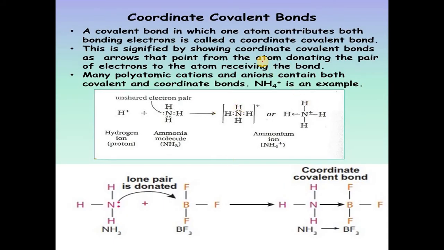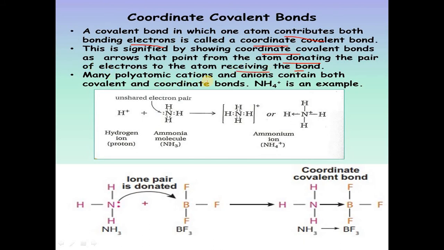Then about the coordinate covalent bond: a covalent bond in which one atom contributes both bonding electrons is called a coordinate covalent bond. This is signified by showing coordinate covalent bonds as arrows that point from the atom donating its pair of electrons to the atom receiving the bond.